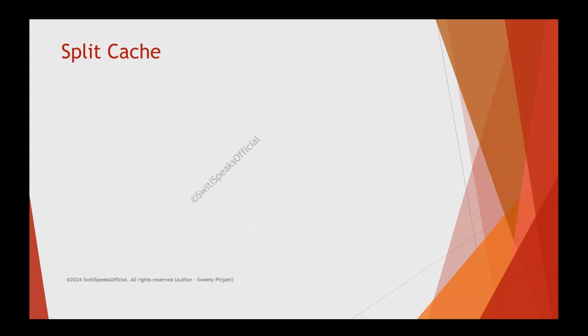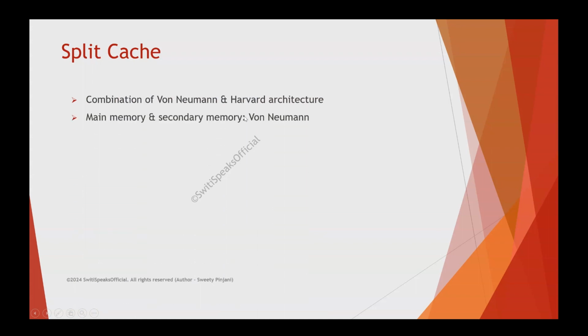Let's understand the first type, which is split cache. As the name suggests, we are splitting the cache memory. You can say that split cache is a combination of Von Neumann and Harvard architecture. The main and secondary memory are same for instruction as well as data, which means the main and secondary memory follow Von Neumann architecture.